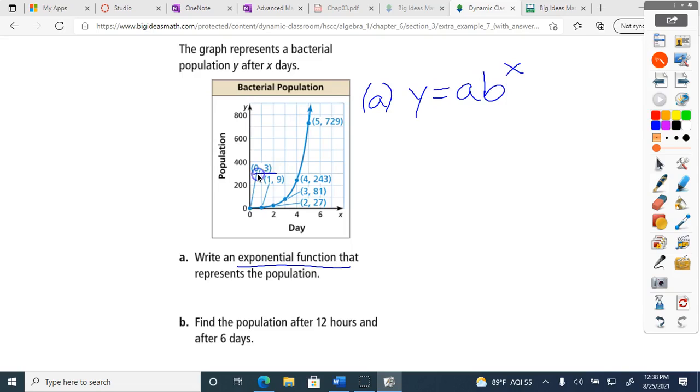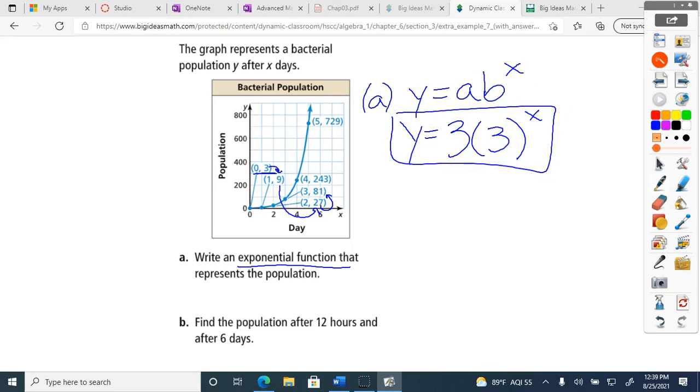It's 3 again, isn't it? Is it going to be 3 every time? No, that's a coincidence. So y equals 3, and then what is b? B is what we are multiplying by to get the next number. We went from 3 to 9, from 9 to 27, from 27 to 81. What do they multiply by every time? 3. So they're both 3 this time.